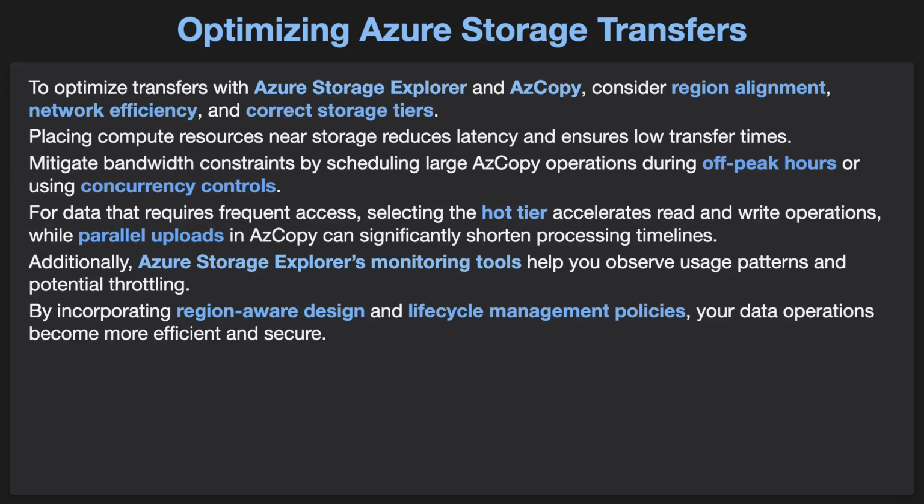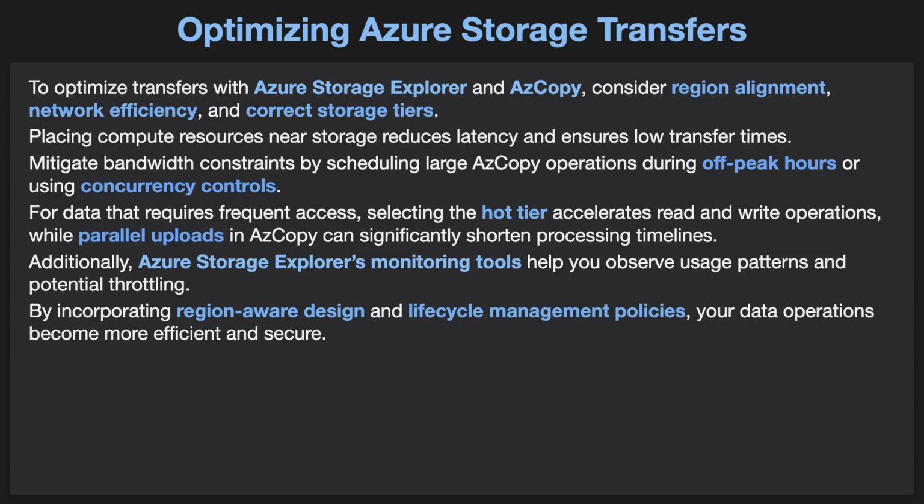To optimize transfers with Azure Storage Explorer and AzCopy, consider region alignment, network efficiency, and correct storage tiers. Placing compute resources near storage reduces latency and ensures low transfer times. Mitigate bandwidth constraints by scheduling large AzCopy operations during off-peak hours or using concurrency controls.